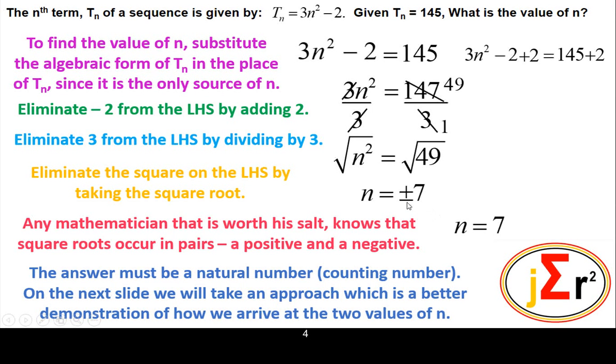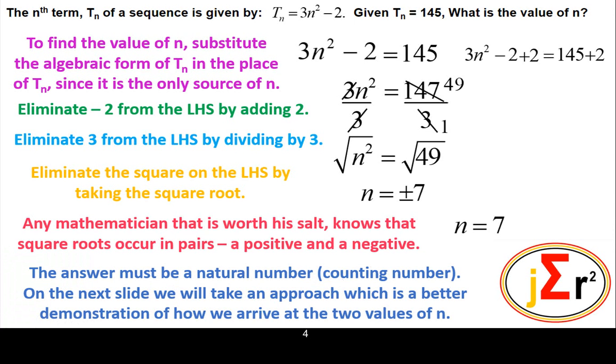Are we just ignoring it? Not really. The answer must be a natural number, which is a counting number, because we are looking at the number term in a sequence, Tn. So the result, n, should be a natural number.